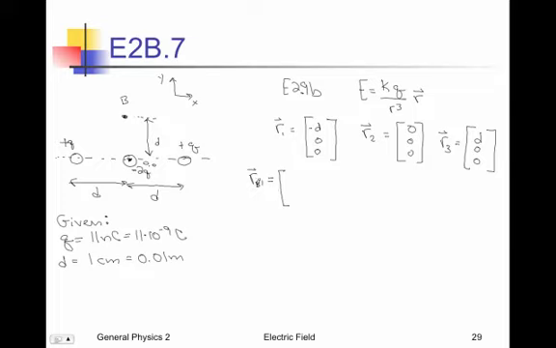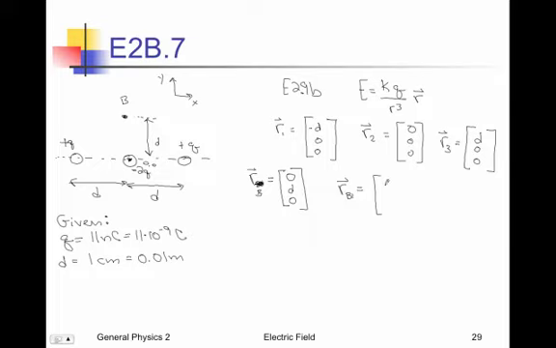Let's just call this RB. RB is right above this charge Q2, which is at the origin. So our x position is 0, in the y direction it's a positive D, and in the z direction it's 0. And so RB1 is going to equal RB minus R1.